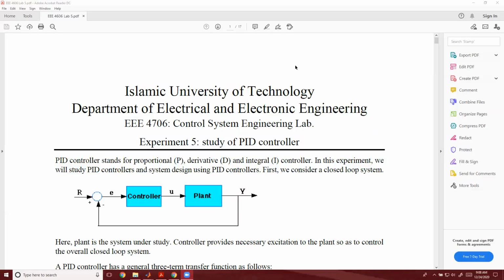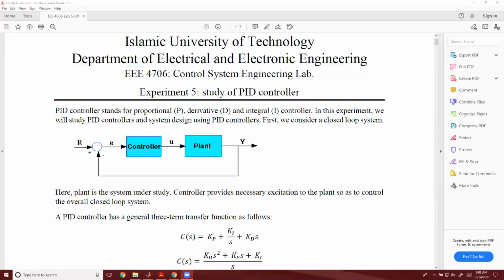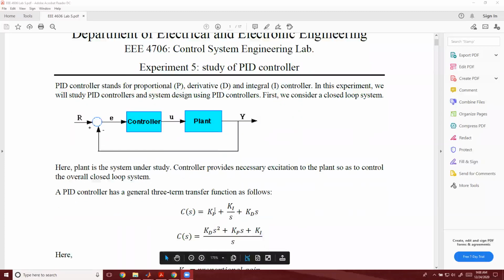First, let's consider a closed loop system. Here plant means system. Now a PID controller, if you consider them all together, has a transfer function like this: Kp for the proportional controller, which is the gain value Kp.